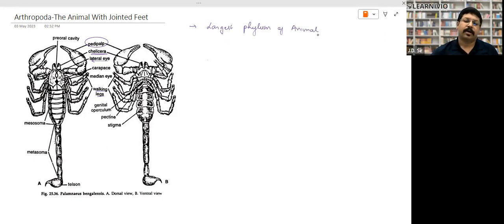Largest phylum of animal kingdom with 9 lakh species, I'm sorry, not 90,000. And we know only 10% of the arthropods. The rest of the 90% of the arthropods still need to be discovered.